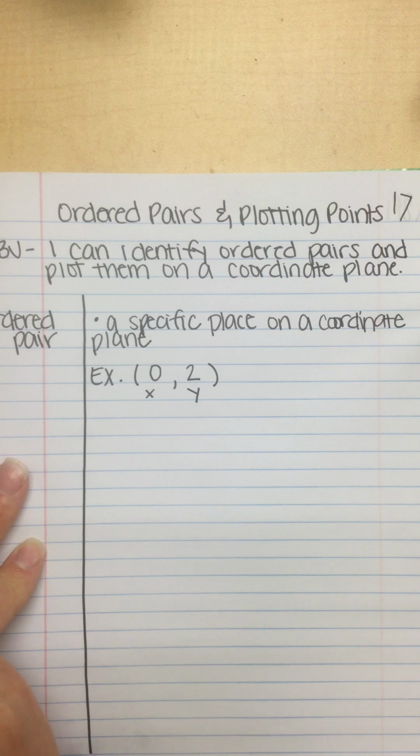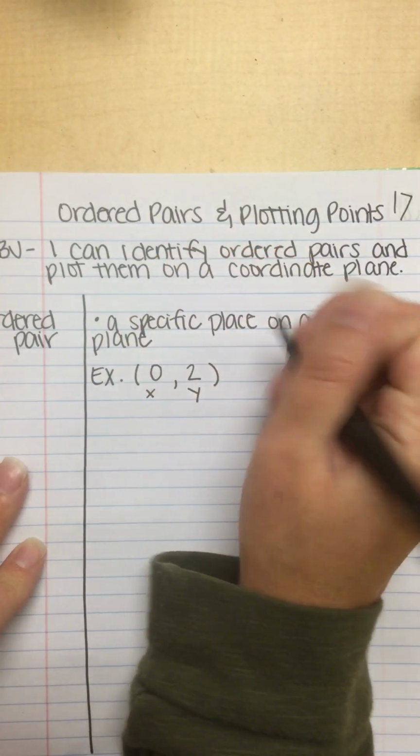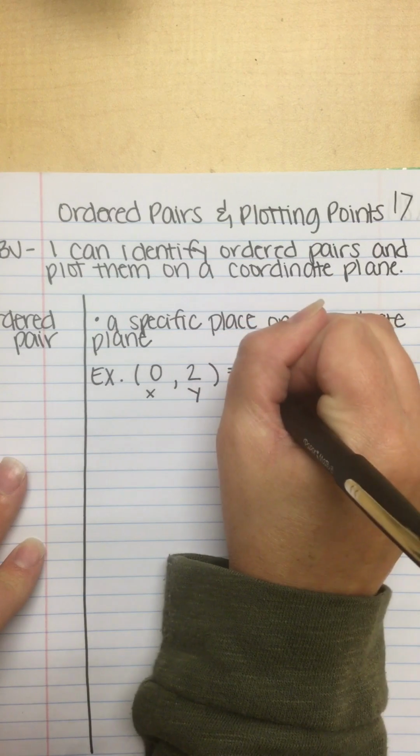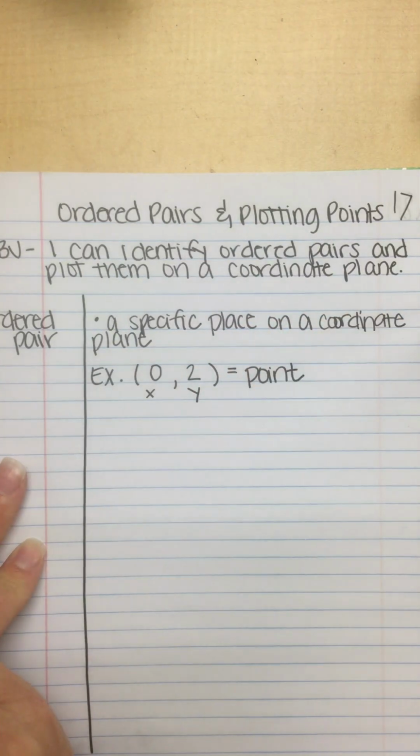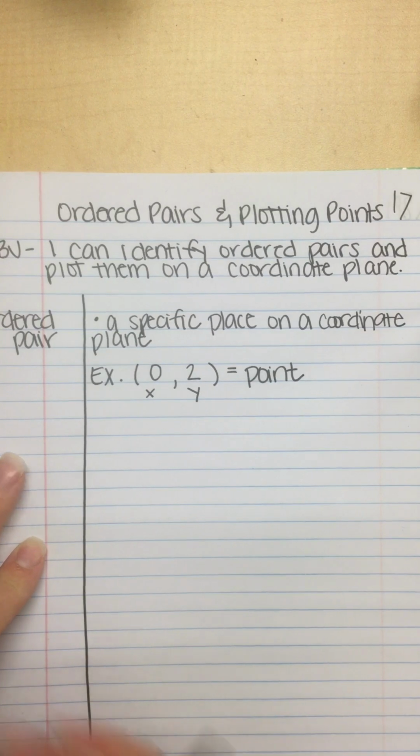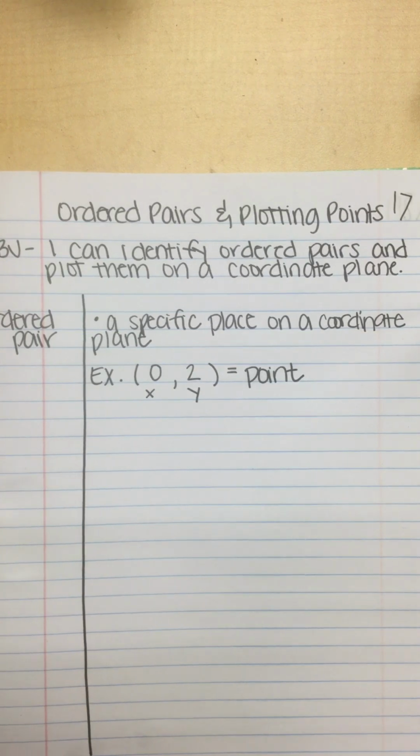So an ordered pair is a specific place on a coordinate plane where we are going to put a point. So this ordered pair is going to be a point. And it'll make more sense once we put it on the coordinate plane.